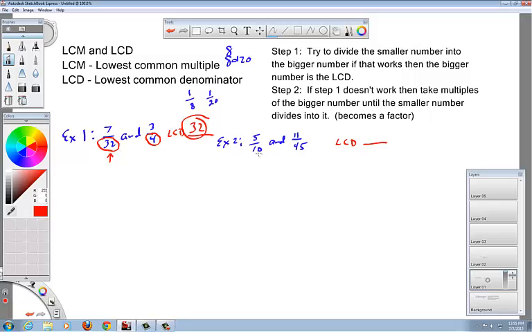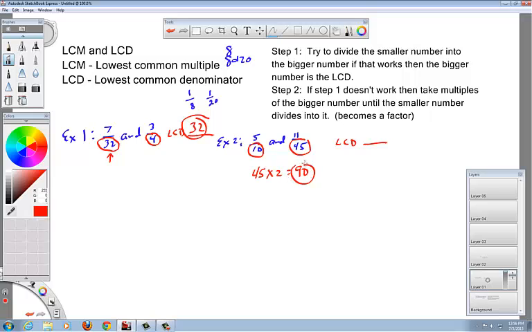On this one, we don't have the luxury of 10 going into 45. Remember, we're just focused on the denominators, and 10 does not go into 45. That is our first step. And if that doesn't work, so if step 1 doesn't work, then take multiples of the bigger number until the smaller number divides into it. So 10 does not go into 45, so you try 45 times 2, which is 90.